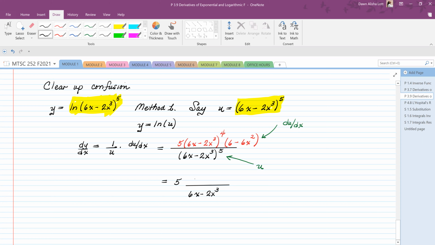And then I still have 6 minus 6x squared in the top.